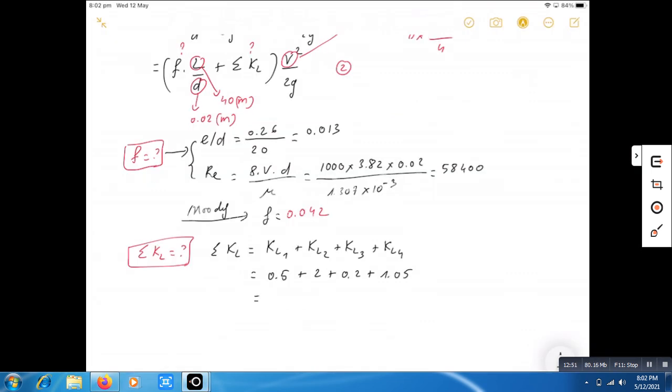Now we apply f and sigma KL in equation 2.